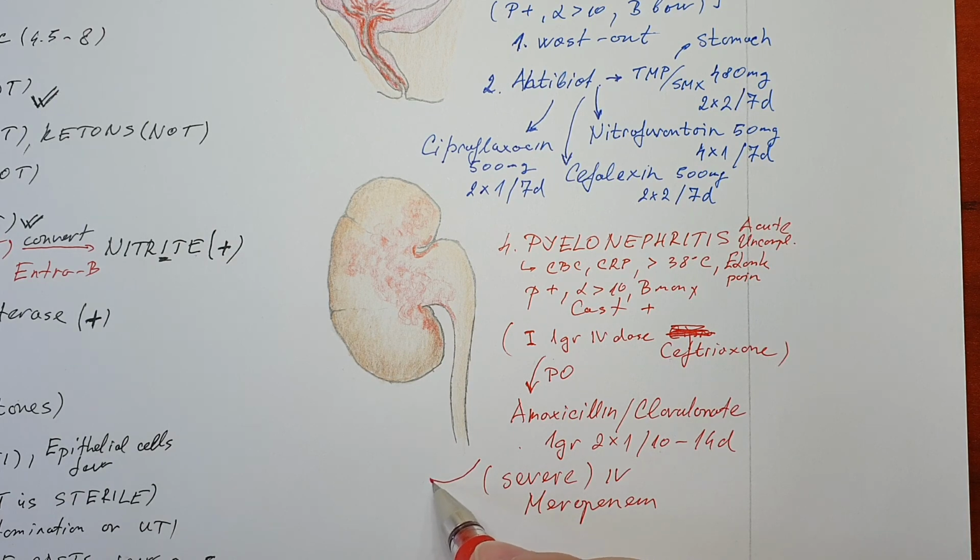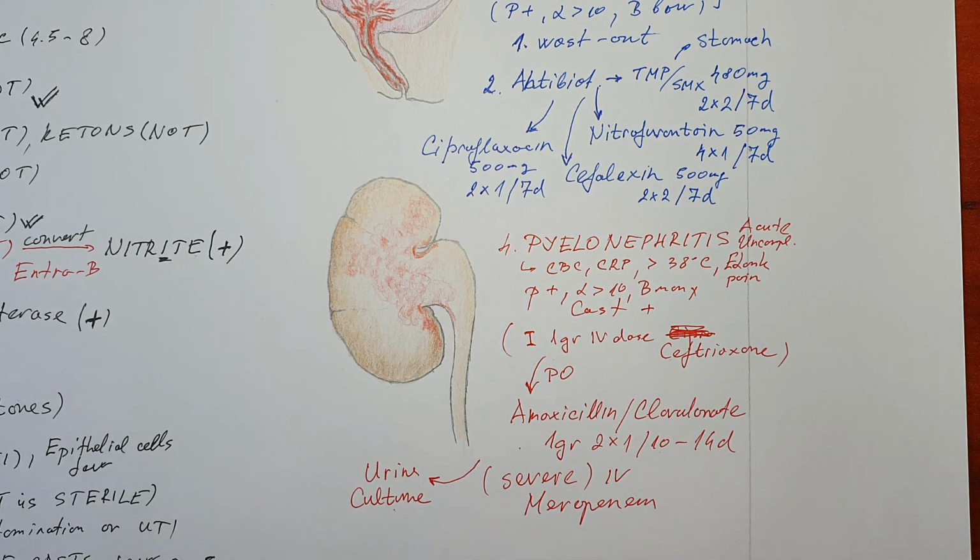Some kind of antibiotic is given only until we get the result of a urine culture. A urine culture analyzes which bacteria is present in the urinary tract, and it also comes with an antibiogram. The antibiogram shows to which antibiotics the bacteria are susceptible.